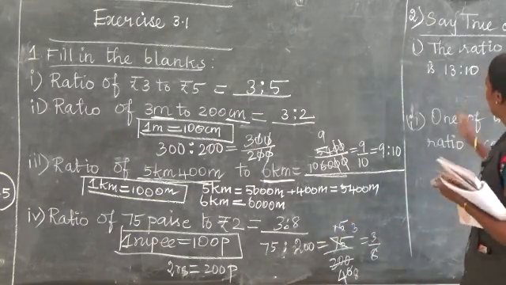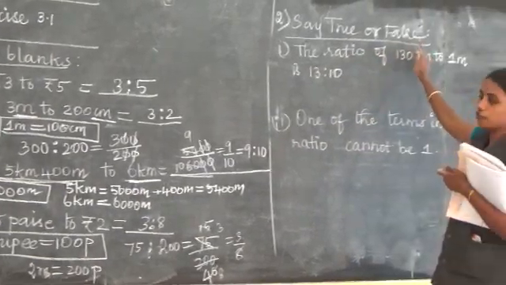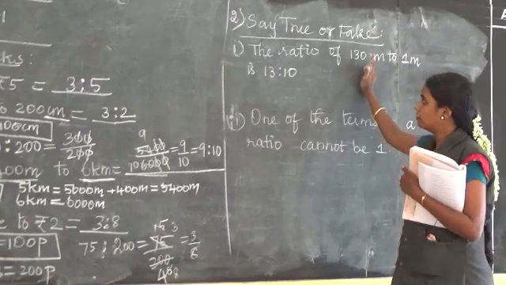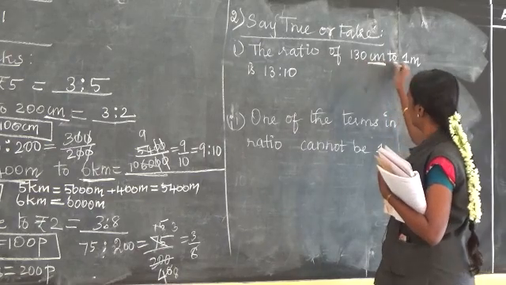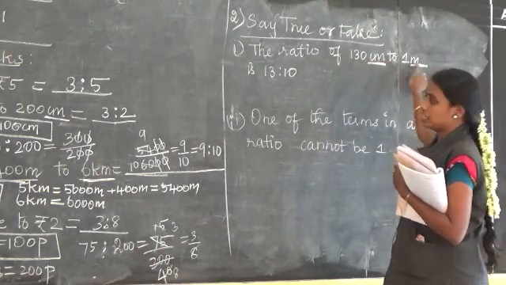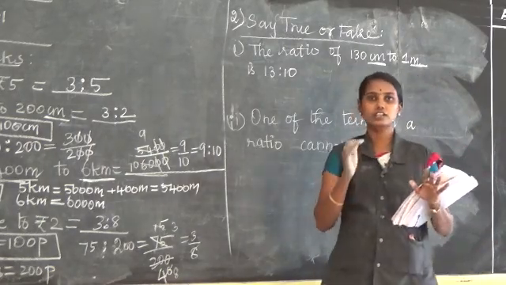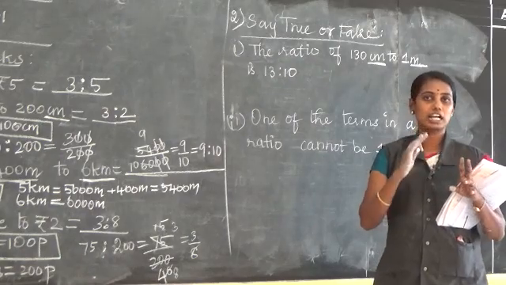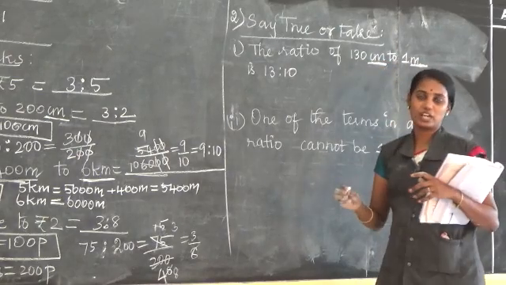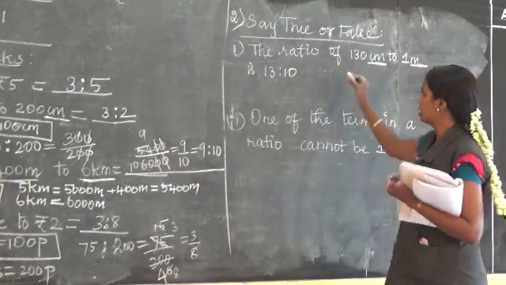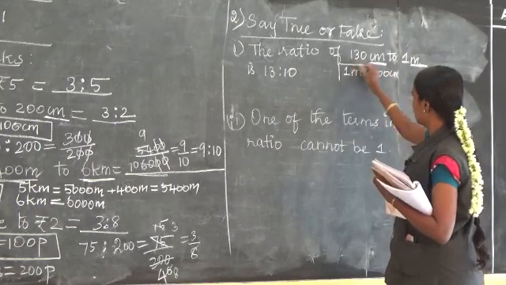Clear, everyone? Next, question number 2. Say true or false. The ratio of 130 centimeter to 1 meter. It is not the same unit. Centimeter and meter are given. We know that whenever you see different units, convert into the lowest unit. Here the lowest unit is centimeter. So I am going to convert the meter to centimeter. 1 meter is equal to 100 centimeter.